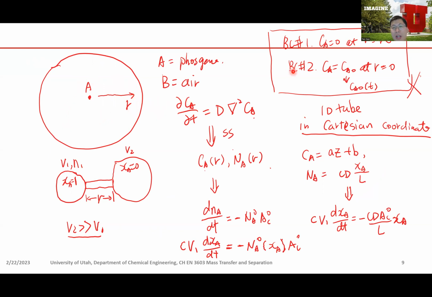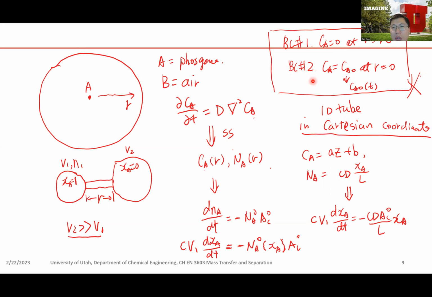The boundary conditions are that at infinity, C_A is 0, and at the point source, at r equals 0, the concentration of A is known, which is C_A0. So at first glance, we can solve this as a simple mass transfer problem using Fick's second law with these boundary and initial conditions.